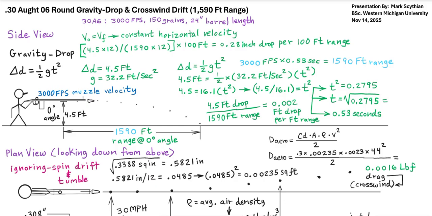So using engineering physics analysis methods, starting with kinematics, we need to calculate the gravity drop of the round if fired from a 0 degree angle approximately 4.5 feet above the ground, which is the average shooter height fired from the shoulder.